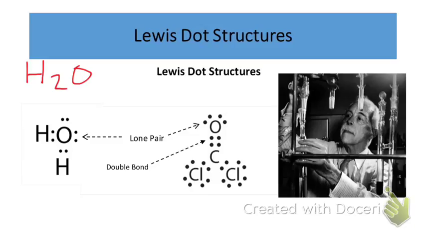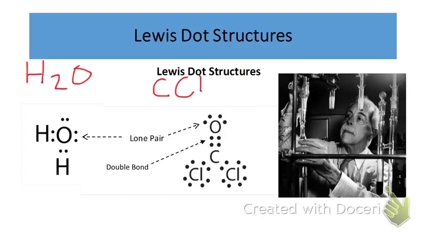All right, so let's turn our attention to the next molecule that's represented over here, and that is CCl2O. Again, it shows us the ratio of atoms of 1 carbon to 2 chlorines to 1 oxygen, but it does not show us how they're connected together and it doesn't show us if they have complete full valence shells or not.